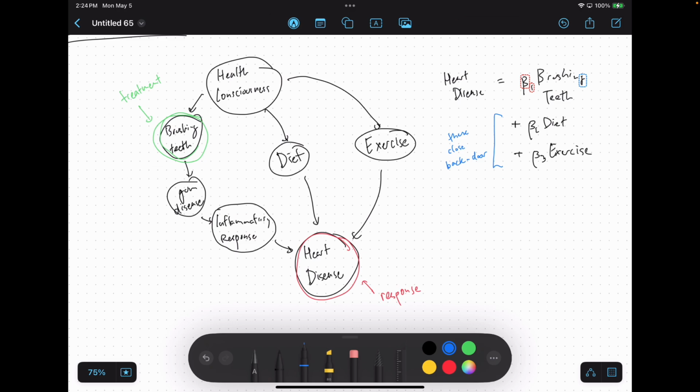So the general idea is to set up a causal diagram in order to inform how you structure the model, right? And it's important to do so because we don't necessarily just want to throw in all of the variables, because if you just throw in gum disease, inflammatory response, diet, and exercise, in that case, you would actually not have a good measurement for treatment.